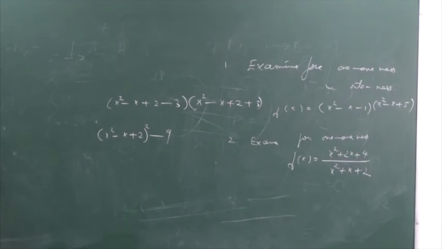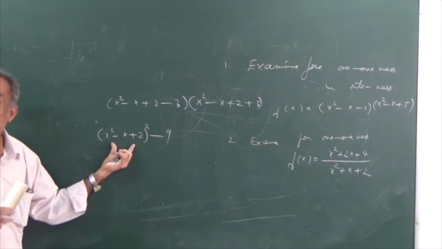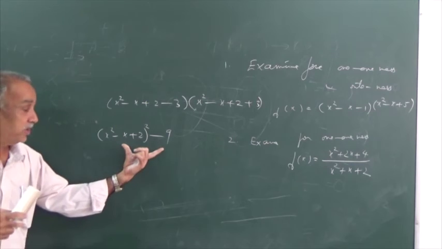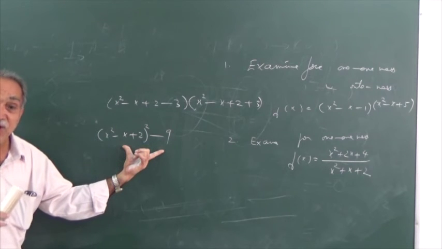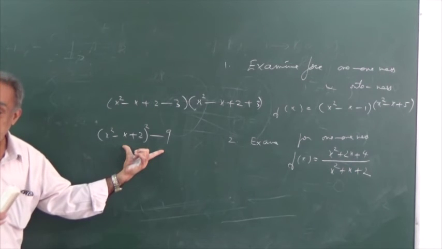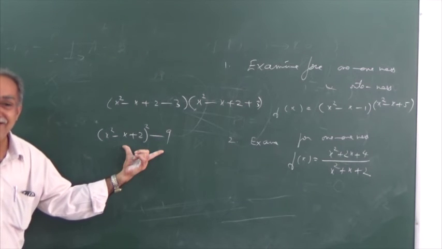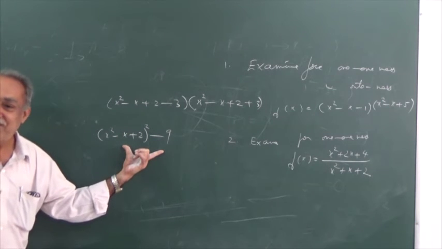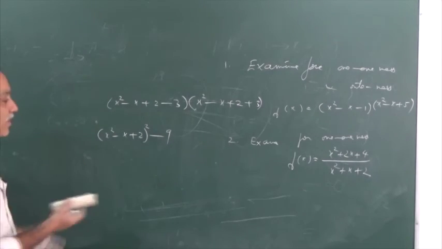What does this mean? This is always greater than or equal to 0, being a perfect square. Therefore, the difference is always greater than or equal to minus 9. No value less than minus 9 is attainable by my function. My function cannot be onto. Clear? Okay. Neither 1-1 nor onto. Next example.